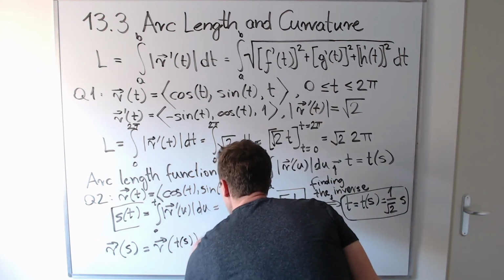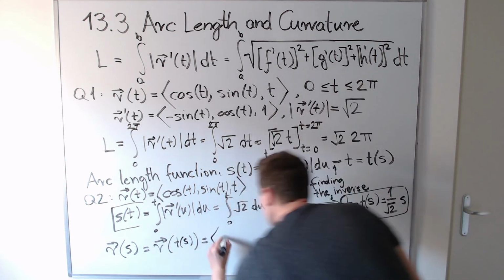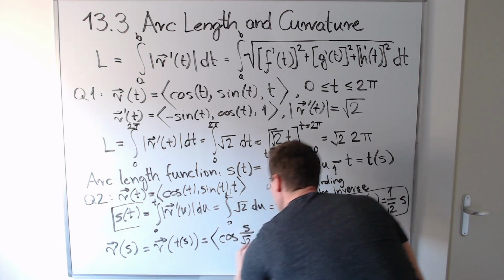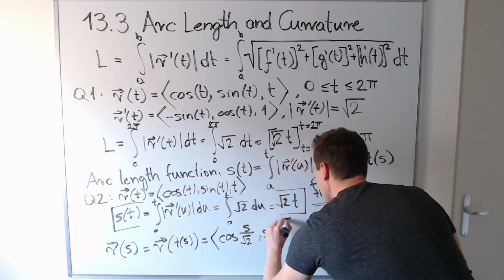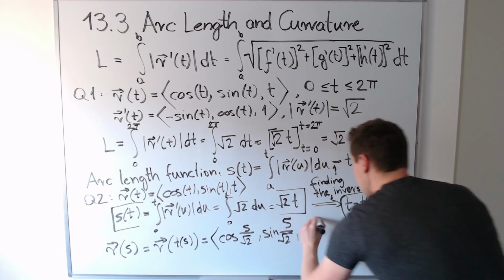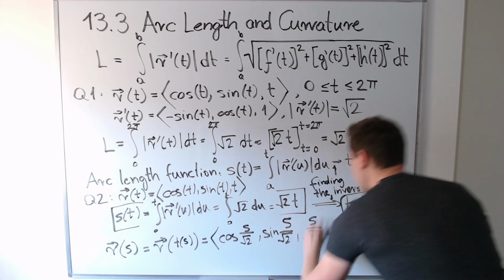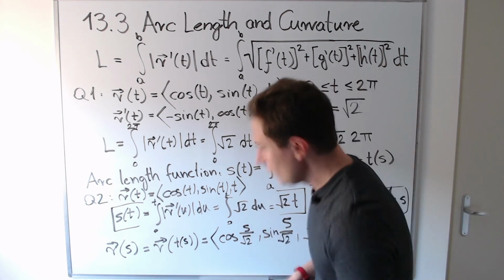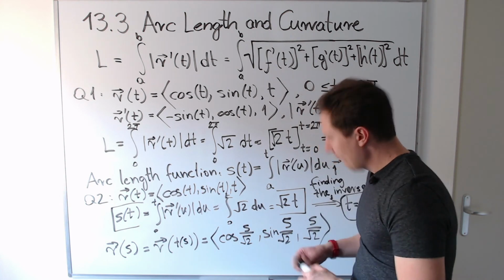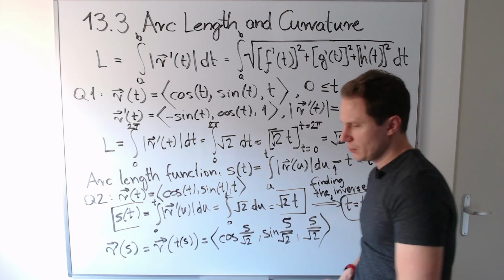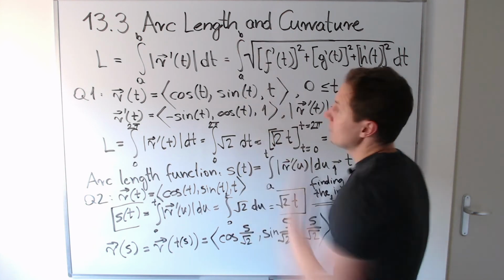So what it gives us for the components is the cosine of s over root 2, the sine of s over root 2, and s over root 2 for the 3 components. Okay, so with that, now we have a way of obtaining a natural parameterization to space curves, parameterizing by the arc length.